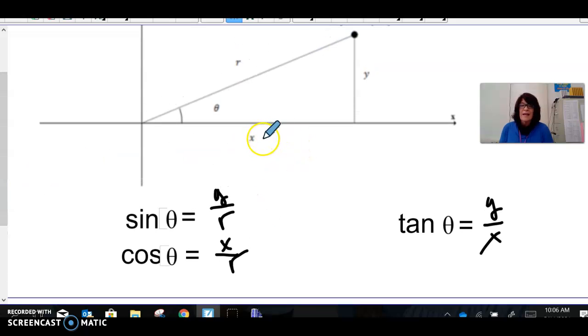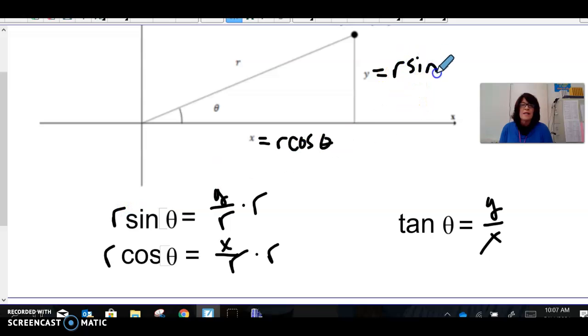Therefore, x equals, if I multiply both sides by r, r times the cosine of theta. And y, I multiply both sides by r, y equals r times the sine of theta.